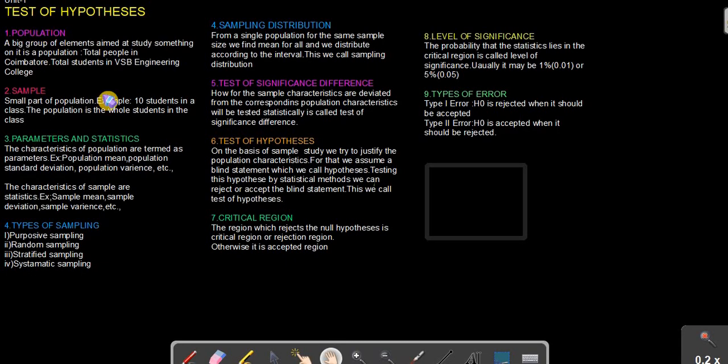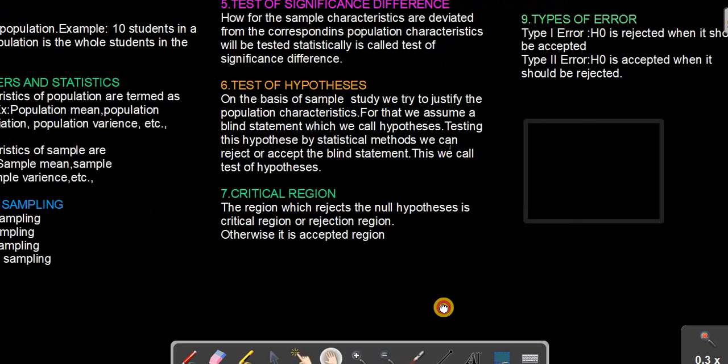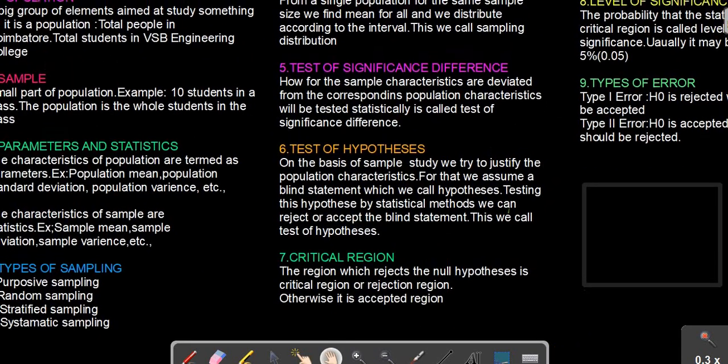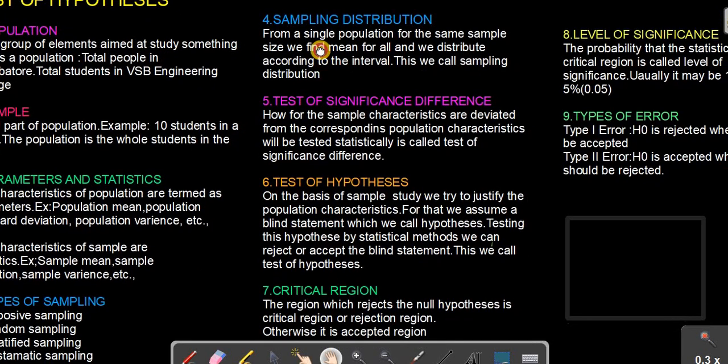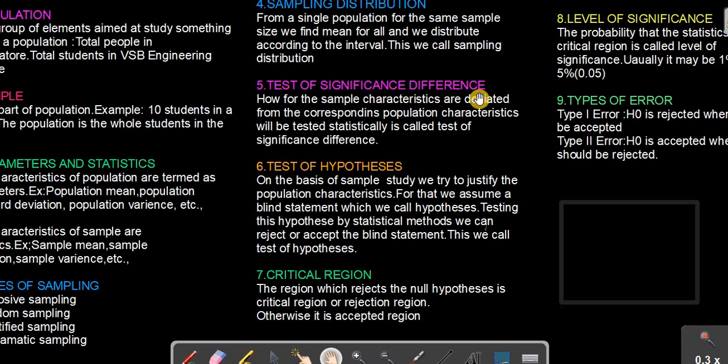Let me recall the very important facts: population, sample, parameters and statistics, types of sampling, sampling distribution, test of significance, test of hypothesis, critical region, level of significance, and types of errors.